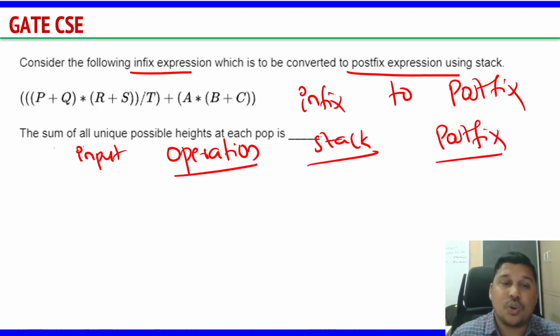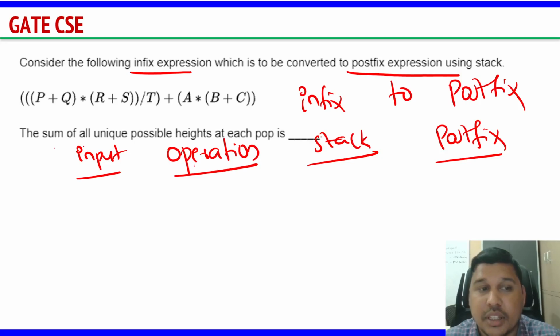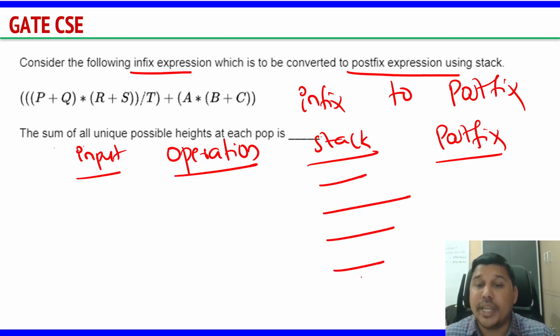So the question here is the sum of all unique possible heights at each pop. After popping the element, what is the height of the stack? Unique heights, the sum they are asking.